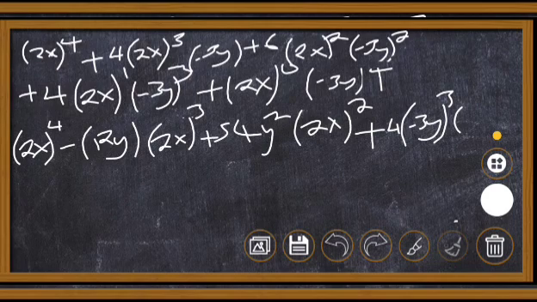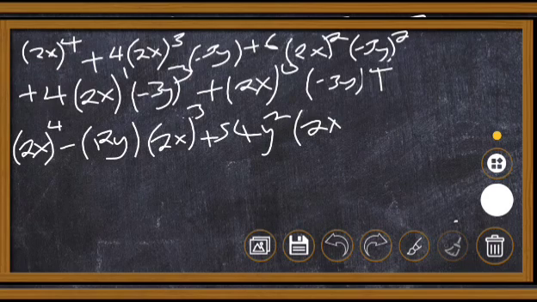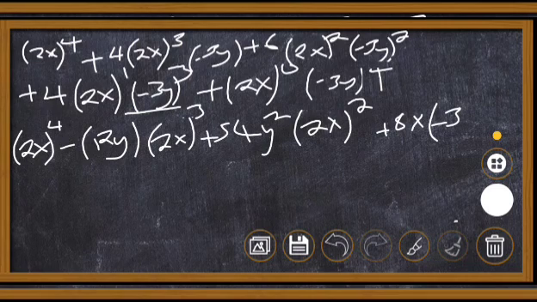Since it has power 1, it means we just have 2x there. So 2x multiplied by 4, we are going to have 8x. So plus 8x, and then multiplied by this term we have here, that is negative 3y raised to power 3.